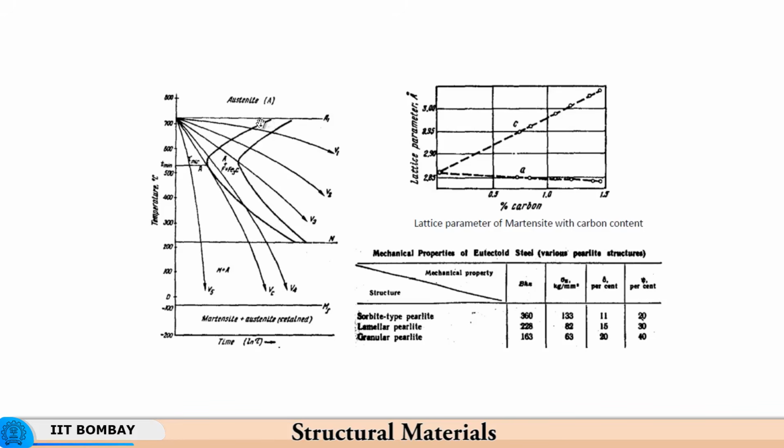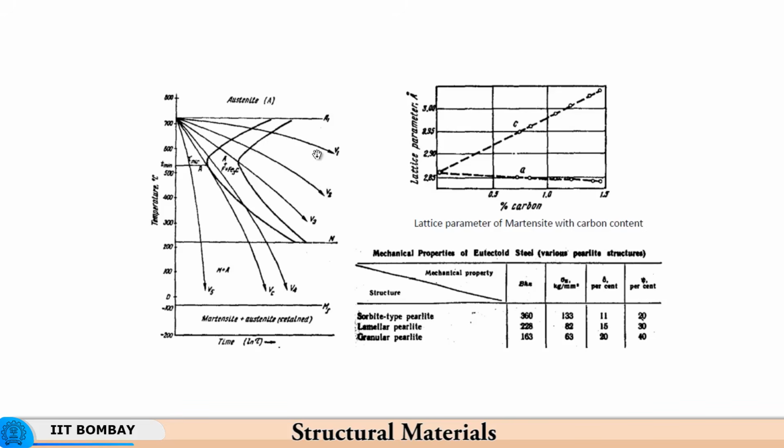For example, if you have a cooling rate that is a little faster than the equilibrium cooling rate, but still a very slow cooling rate, then you see that here the transformation starts, here the transformation ends, and what you get at the end is a kind of pearlite. Here the transformation starts, here the transformation ends, the cooling rate is much faster than before, but still you get pearlite.